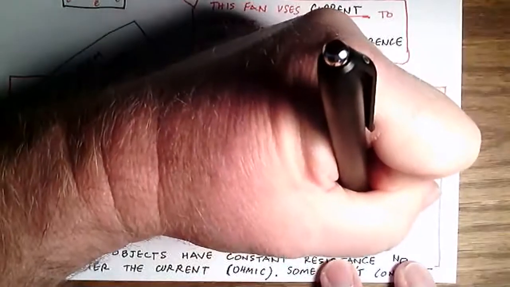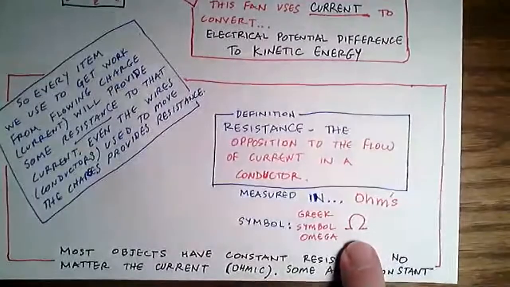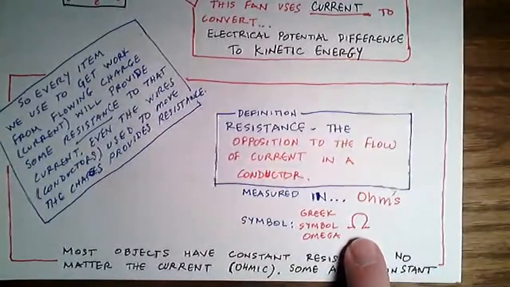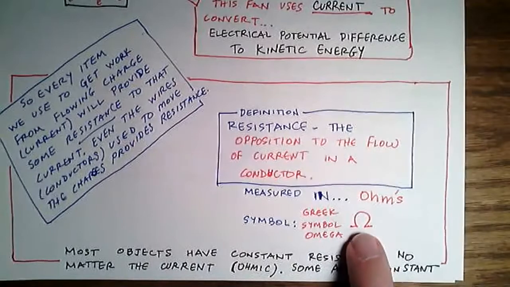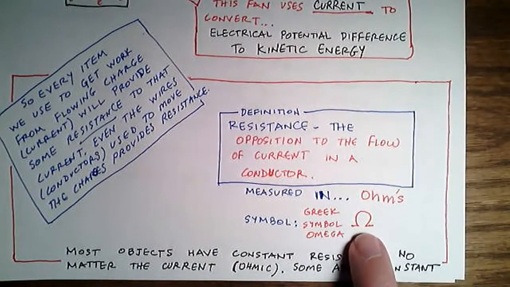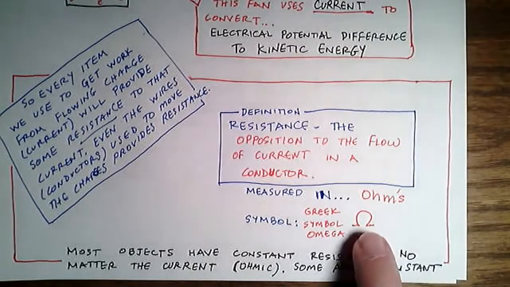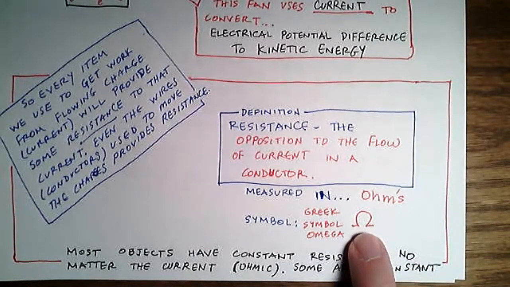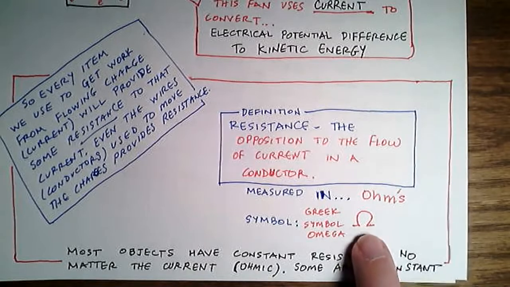And it looks like this. You guys may have seen this before and not realized it. That's the symbol for omega. So if you see this on an electronic device, this will show you how much resistance that device is going to put up to current flowing through it.